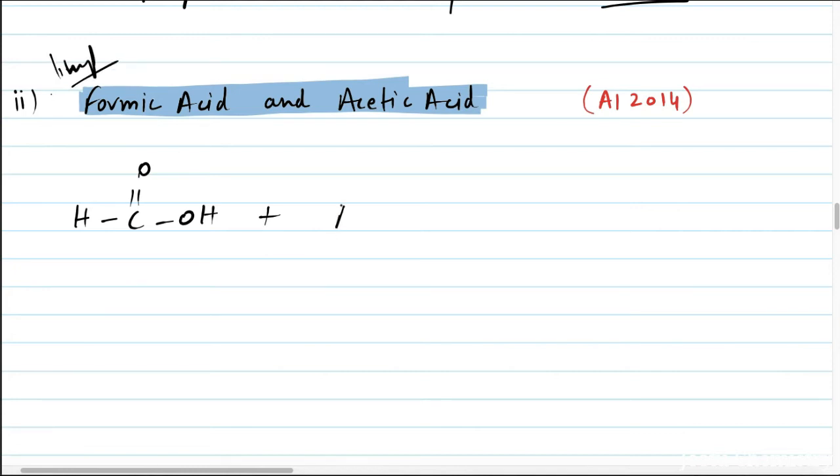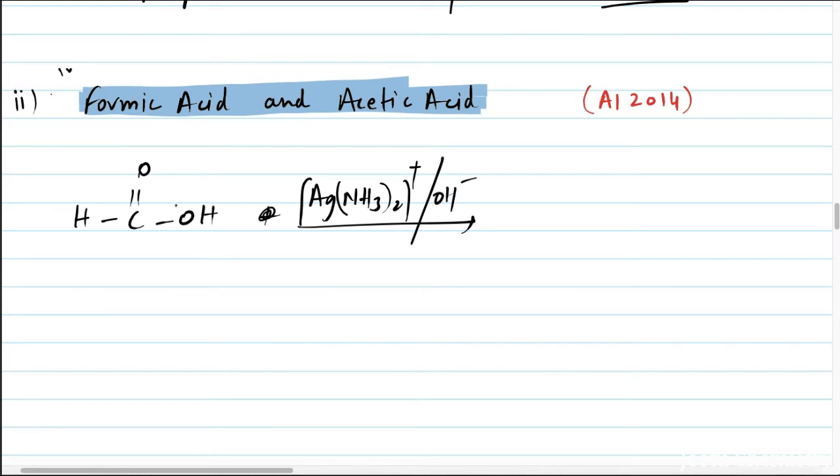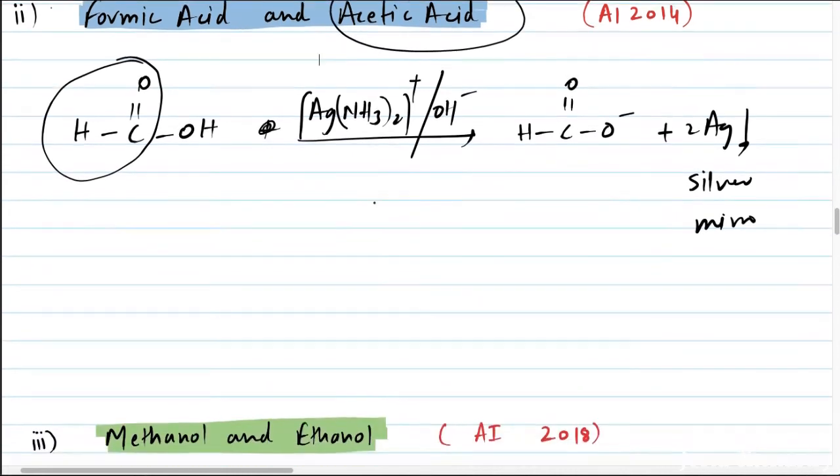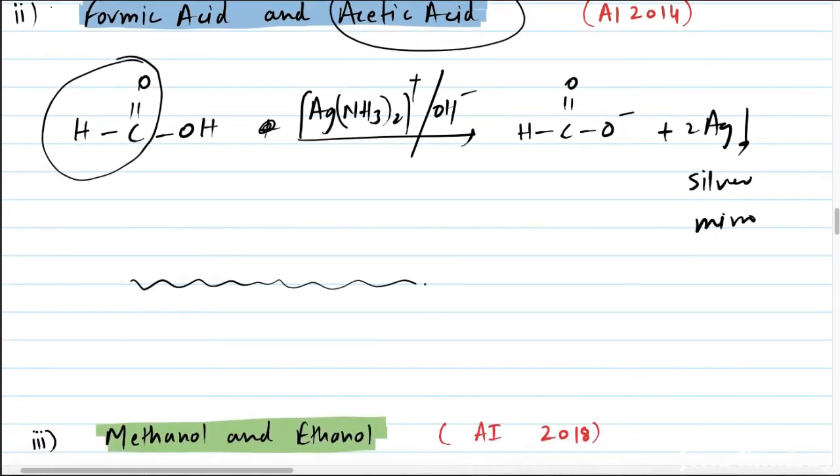In the silver mirror, the Tollens test, as you have seen, Ag(NH3)2 positive with OH negative confirms this test because of this hidden aldehyde group, right? So HCOO negative plus 2Ag, these are enough. So this is your silver mirror. Acetic acid does not confirm this test. You can write that acetic acid does not confirm this test.